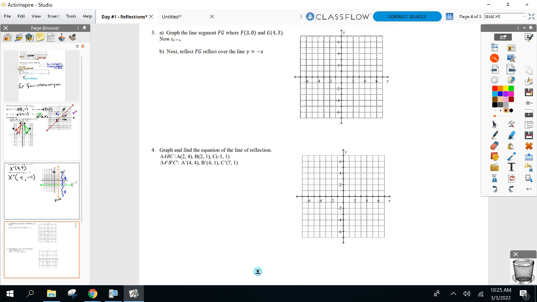All right, next up. Can everyone graph line segment FG for me? F is 3, 0, and G is 4, 3.